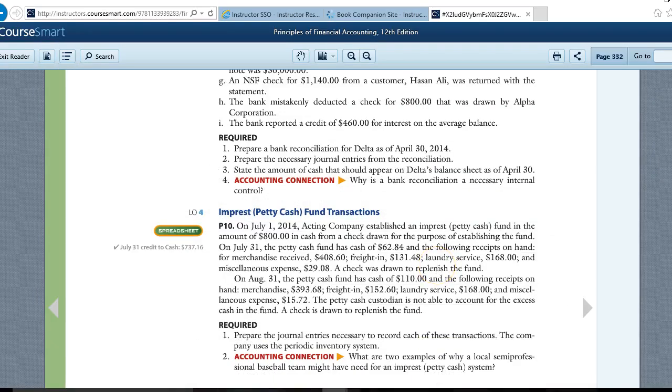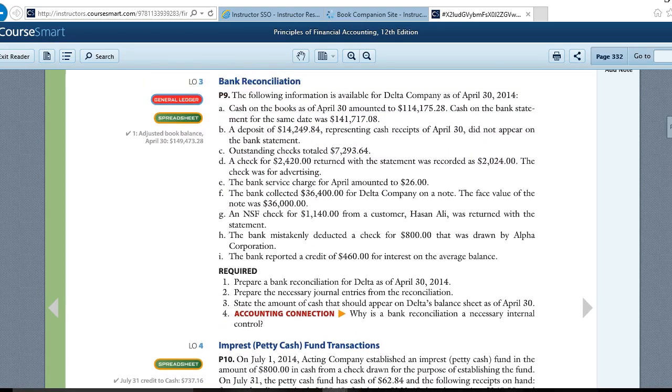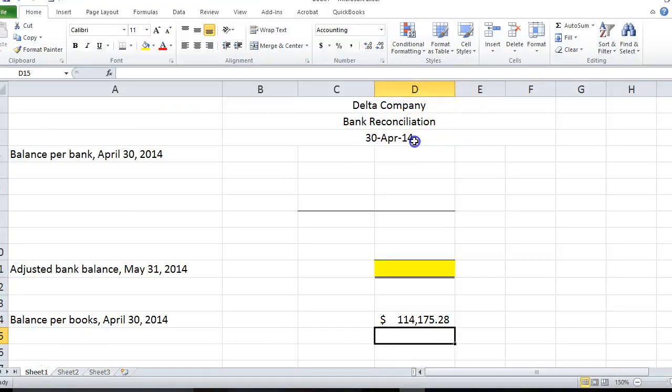And it says that cash on the bank statement for the same date was $141,717.08. So I'm going to put here $141,717.08. Okay?